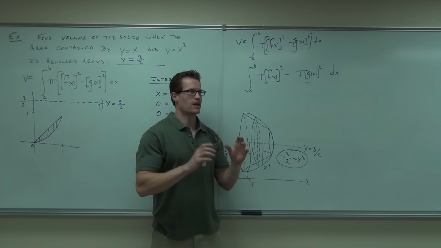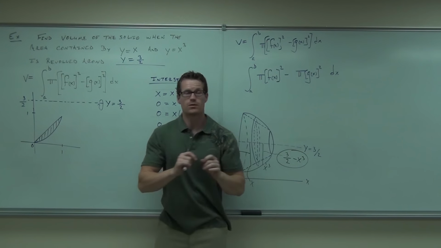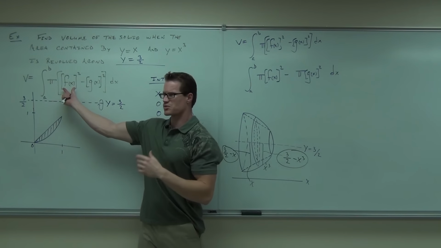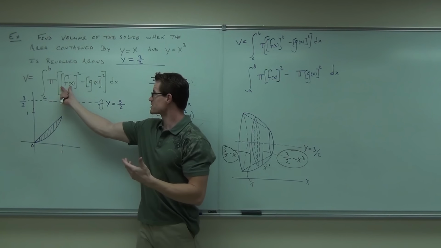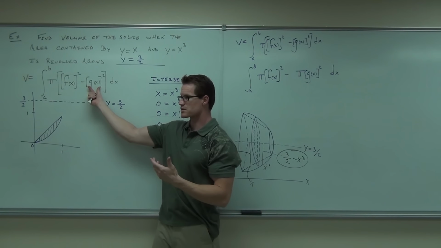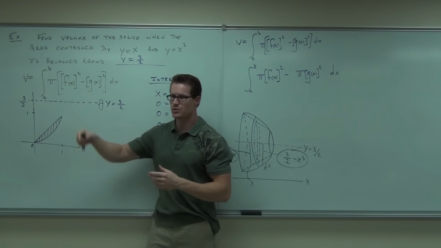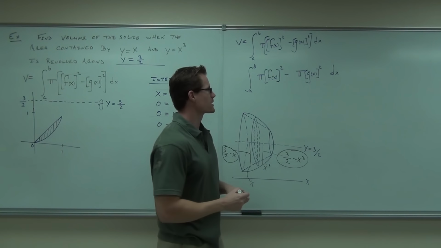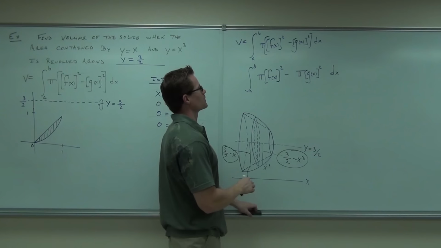Now, we're going to go ahead and fill this out actually, using this idea. This was the radius, that's why I walked you through this. This was the radius, this is the radius, correct? So for us, when we have a y equals a constant line and we're going around that actual axis, it's going to augment this just a little bit.